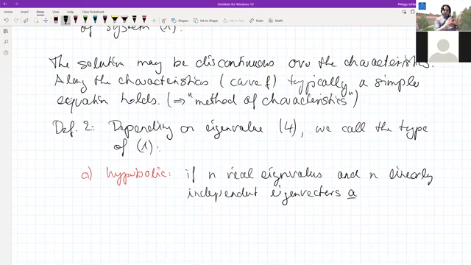So if we do this calculation and find n real eigenvalues and n linearly independent eigenvectors, then we deal with a hyperbolic problem. In a second, we will start to look at one specific model problem for hyperbolic equations, to see what it means in practice to have a real eigenvalue.